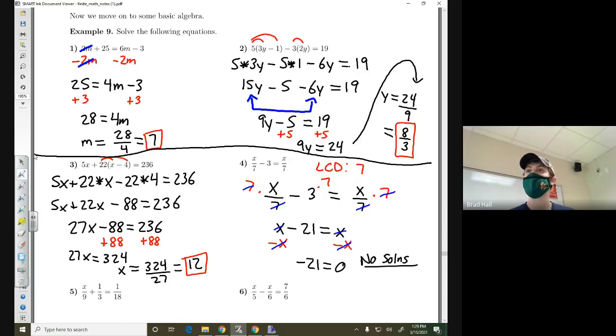Isn't no solutions different than undefined? Like with undefined, when you like x equals 0, and that's undefined, versus like 21, negative 21. So undefined, asking that to a mathematician might define it in a different way.